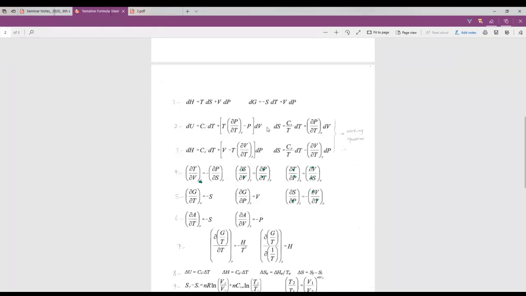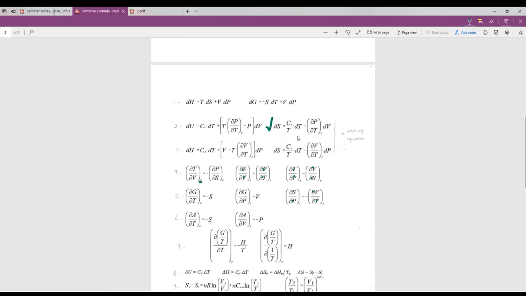What is important about these two equations here? Both of these equations cannot be used when there is a phase transition in the system. So you can't use any of these two equations if there is a phase transition in the system.